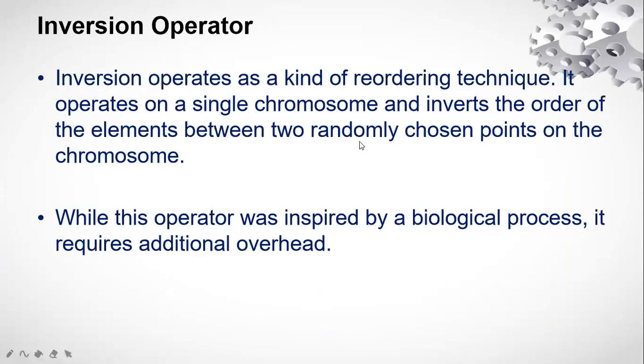When we talk about these two operators, the first one we are going to define is the inversion operator. Now, what is this inversion operator? Inversion is just a type of reordering technique. That means inversion does just the reordering.